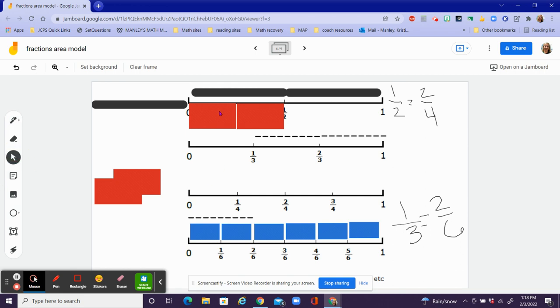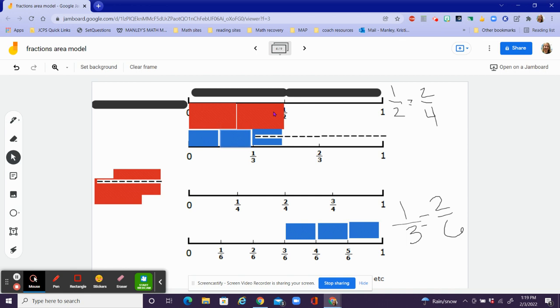For example, 1/2 is the same as 2/4. We can also bring up our thirds and find out, our sixths, that 3/6 is the same as 1/2, and it's the same as 2/4.